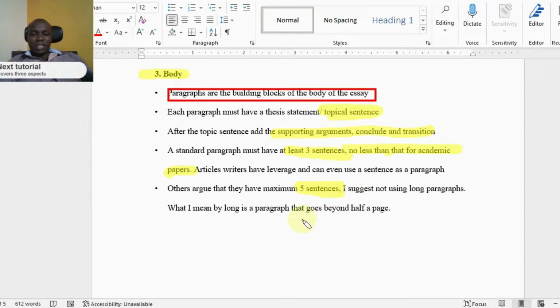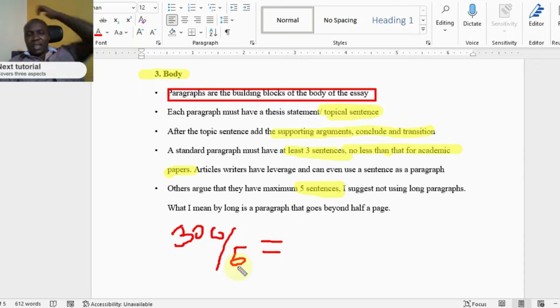You should not just cover a page of 300 words, then you say that is a paragraph. You should split it. A paragraph should be split into like 4 or 5 paragraphs. A page of 300 words, divided by 5, you can see how many paragraphs it is, write it down, or 4.